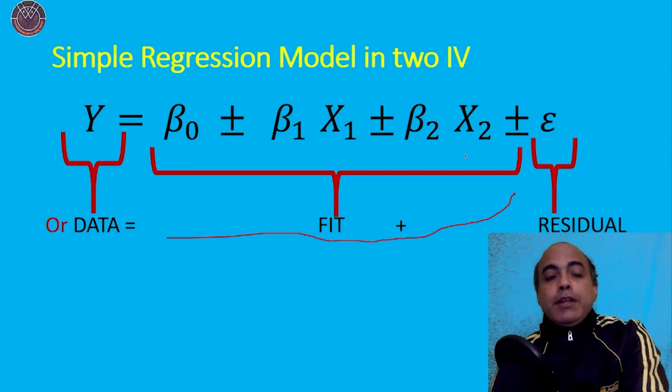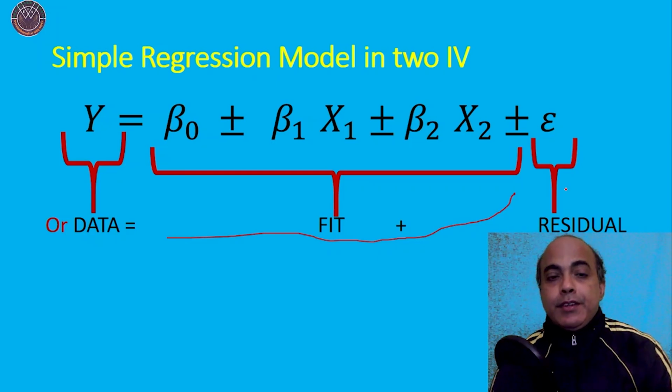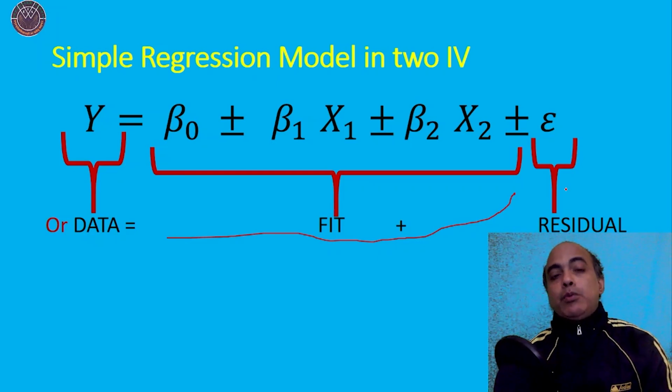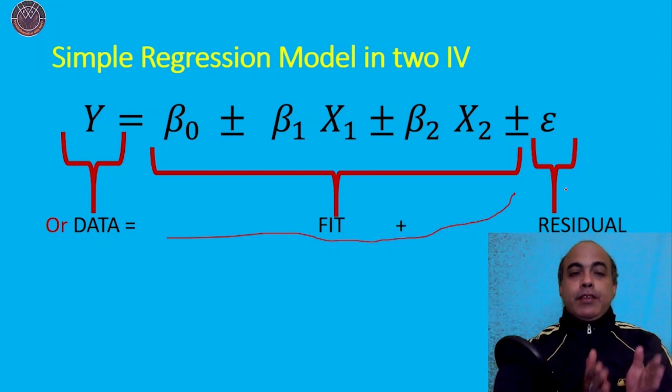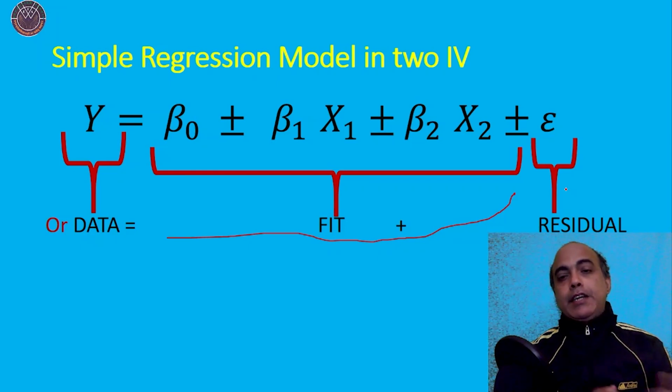So it is the line of fit, and then there will be a certain residual or error term. That means you will not be able to exactly predict the observed y data. There will be a certain residual term for that. When we combine the predicted value with the residual term, it can be added, it can be subtracted.